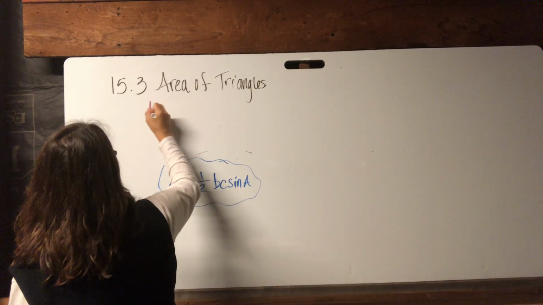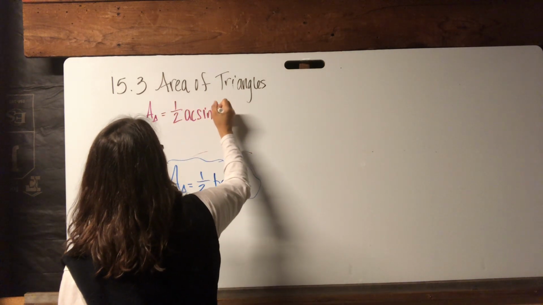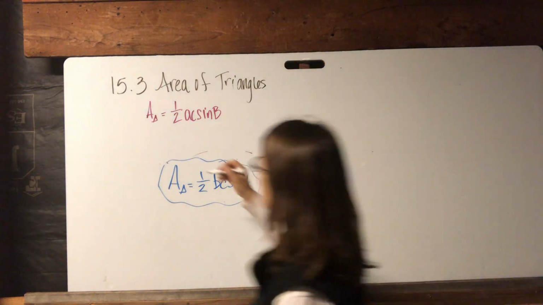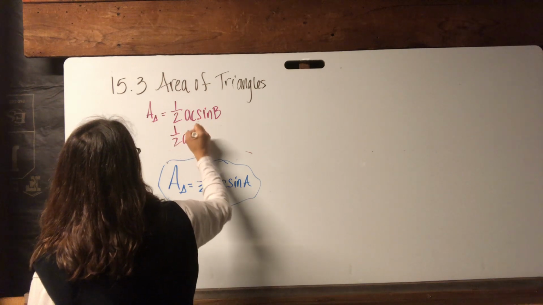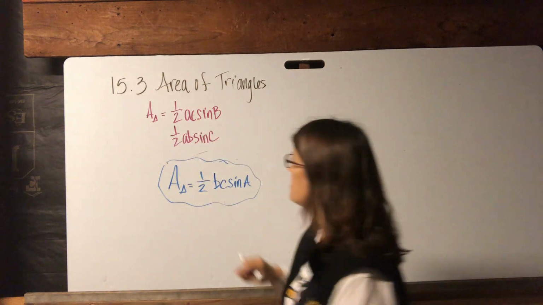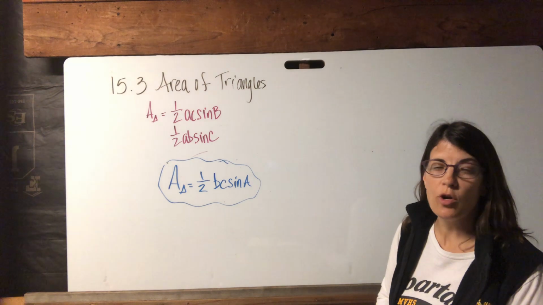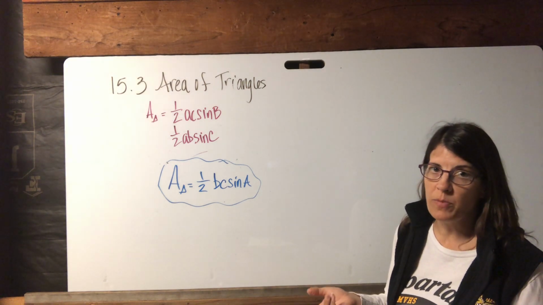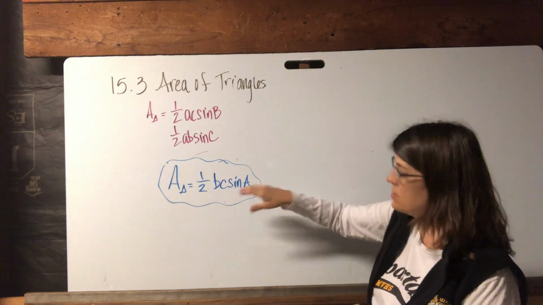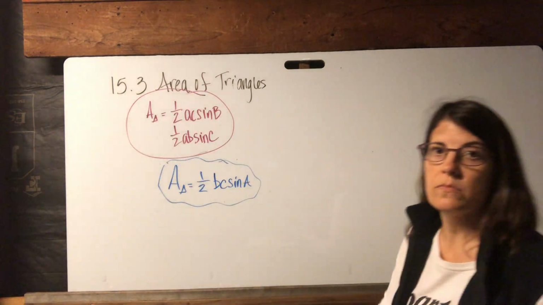So you could say 1/2 AC sine B, where B is between A and C. You could say it's 1/2 AB sine C, and then 1/2 BC sine A. So these are alternatives to drawing in the perpendicular. As long as you know 2 sides and the included angle, this formula is good to go.